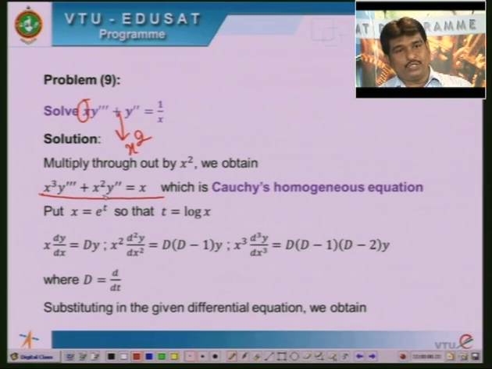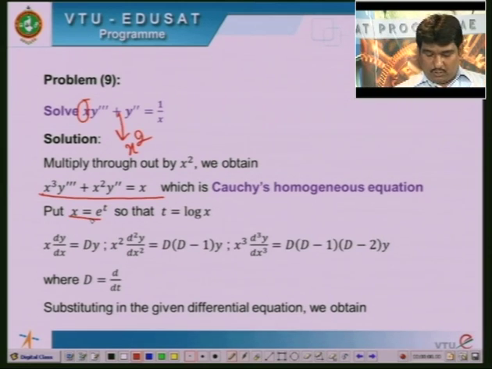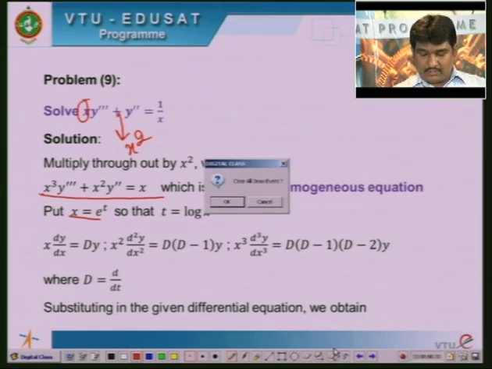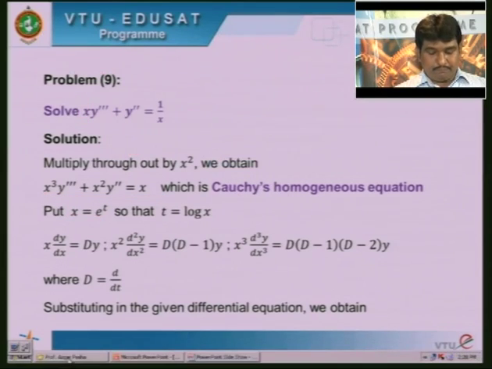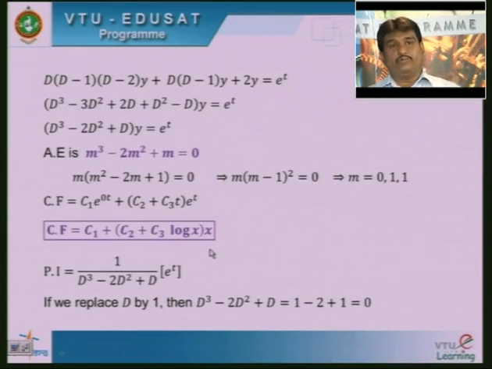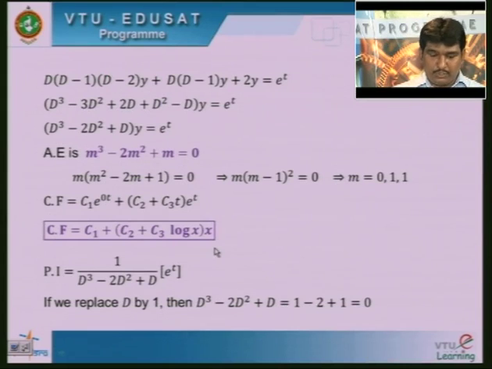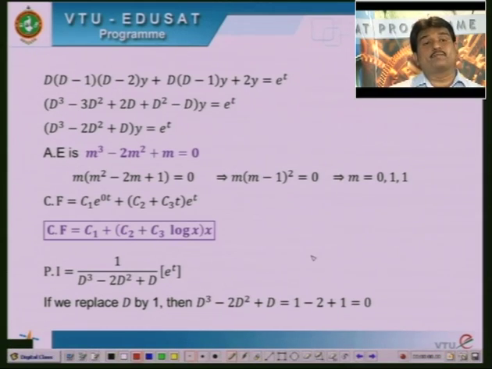Now, as usual, make the substitution x equals e to the power of t to reduce this to an equation with constant coefficients. After substituting all these things in the given differential equation, we get D into (D minus 1) into (D minus 2) of y plus D into (D minus 1) of y plus 2y equals e to the power of t.